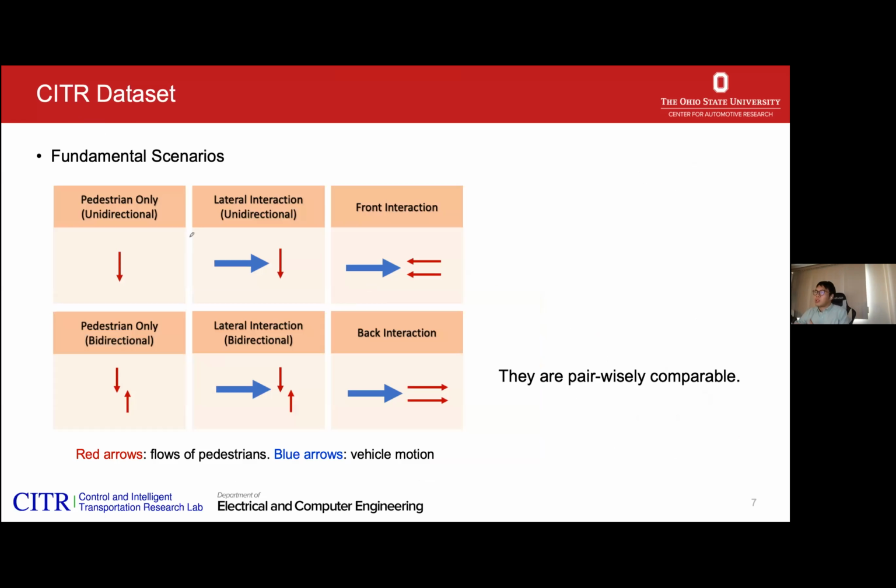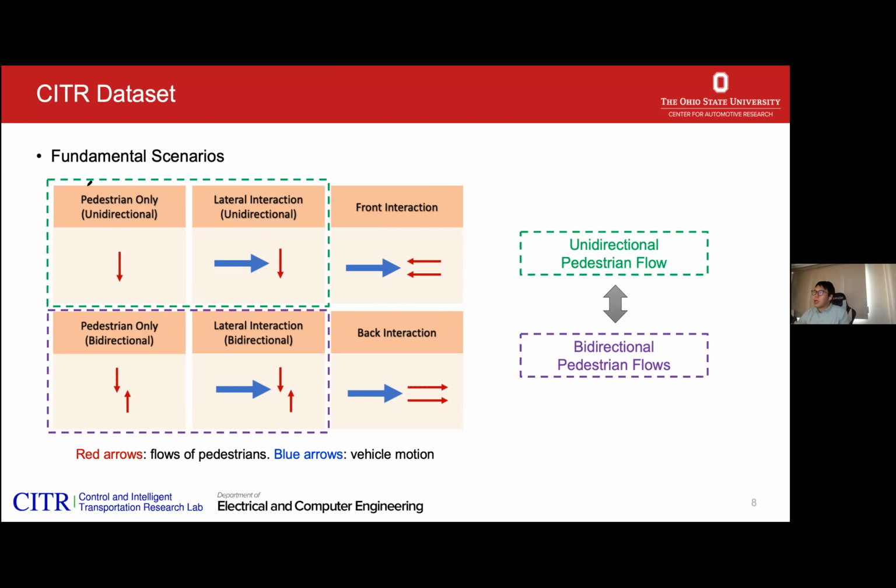So these are the scenarios we have designed for the CITR dataset. It contains 6 types of scenarios. And the reason that I say it can be pairwisely compared is that if you look at the first two scenarios and the fourth and the fifth scenarios, they can be compared, and the comparison will be whether the pedestrian flow is unidirectional or bidirectional.